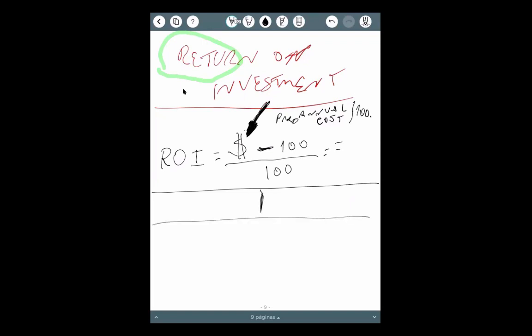We could say, okay, we're gonna try to create a PMO to make more money, to increase our income, for example, or our PMO can be created to reduce our costs, right? To reduce our losses, okay?